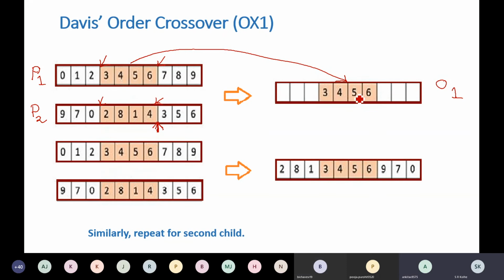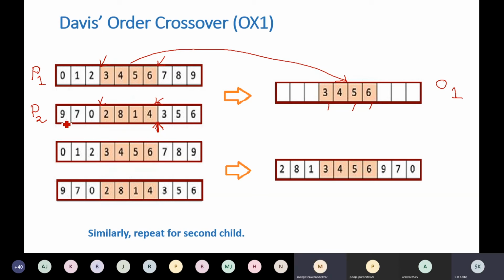Yes, 5 is there. 6, it is unused. Yes, sir. It is used. Okay. Reverse. 3, 5, 6, they are used out here. This is 3, this is 5, and this is 6. So continue this wrapping around the list.